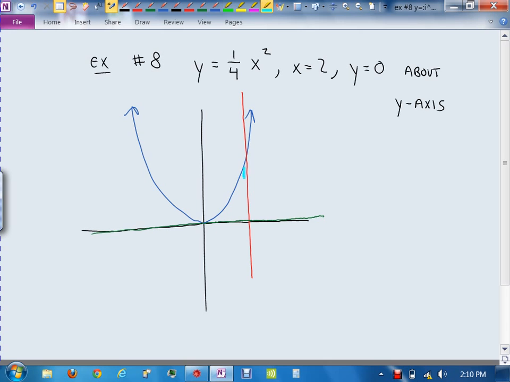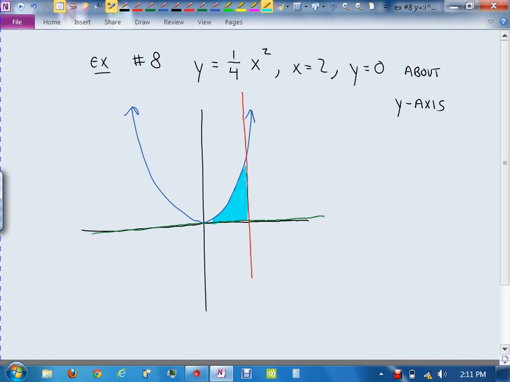So my region is right in here. Yes? That's x equals 2, y equals 0 and that parabola. That's the region bounded by all three, isn't it?